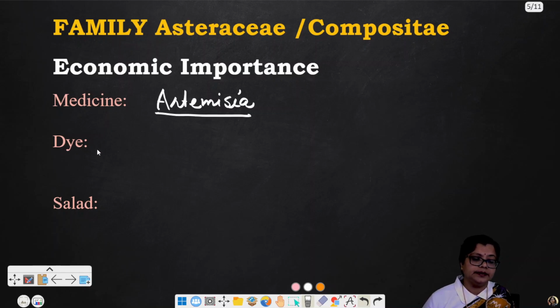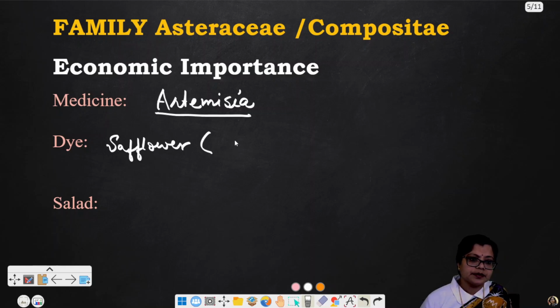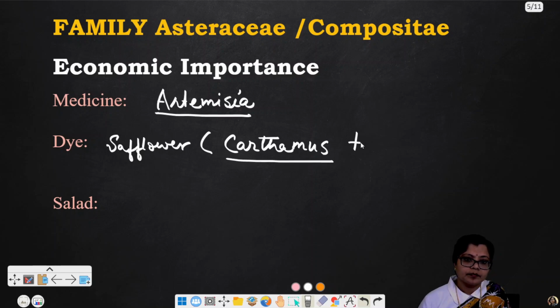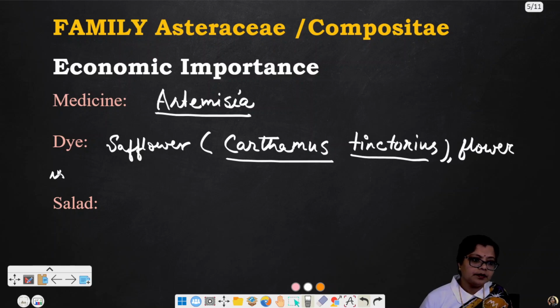Now the dye, that is from safflower. Safflower means Carthamus tinctorius, okay. The flower is used for dyeing clothes.